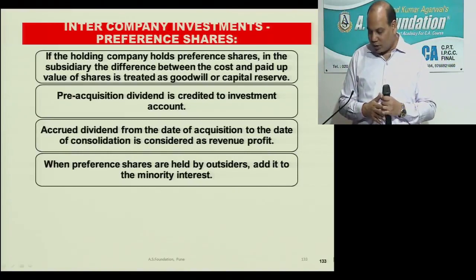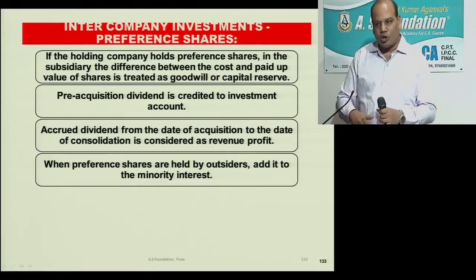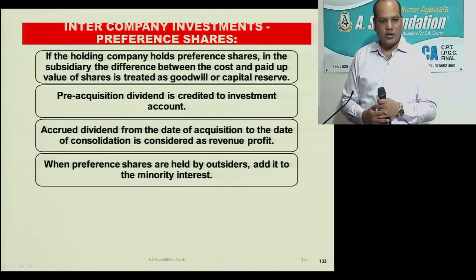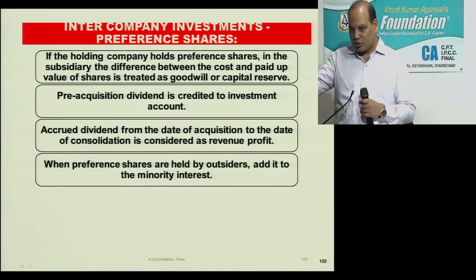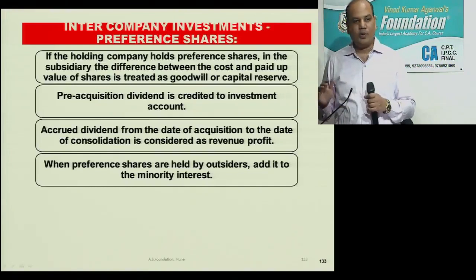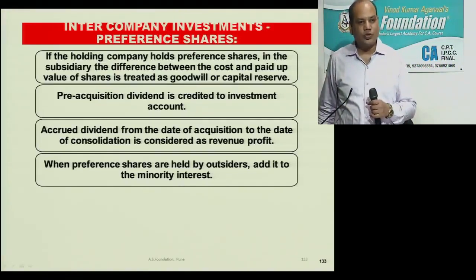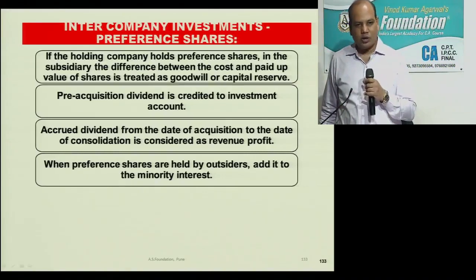Accrued dividend from the date of acquisition to the date of consolidation is considered as revenue profit. So all rules of equity shares are applicable to preference shares: pre-acquisition dividend, cost of acquisition, post-acquisition dividend, revenue account. And if preference shares are held by outside shareholders in a subsidiary company, then for presentation purposes, it is added to minority interest.